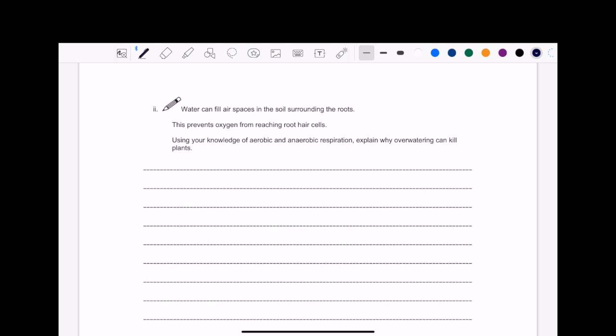Well then, linking into anaerobic respiration, the plant needs to do respiration, so it's switched, right? Because it can only do anaerobic because there's no oxygen. I've said that too many times, but I hope you get the point. Let's just talk about anaerobic respiration here. What is it? Well, glycolysis can occur.